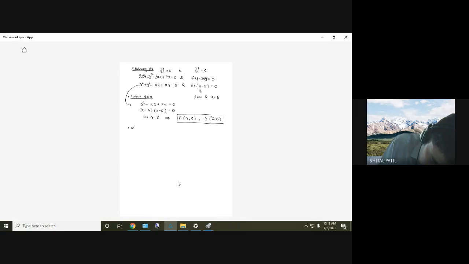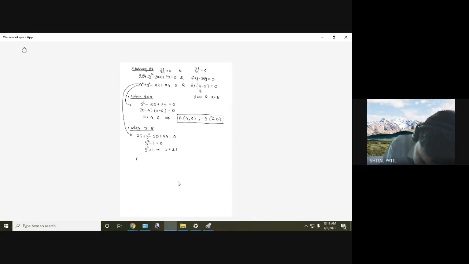Now it may be possible that x is 5. So when x equal to 5, substitute it: 25 plus y square minus 50 plus 24 equal to 0. Adding and subtracting, you get y square minus 1, so y square equal to 1, y equal to plus minus 1.